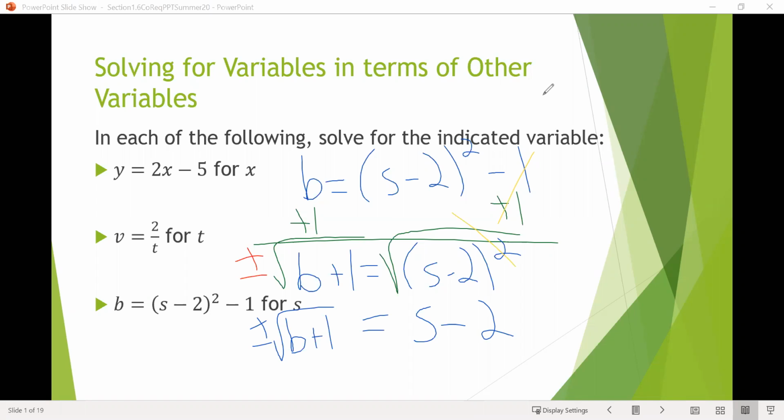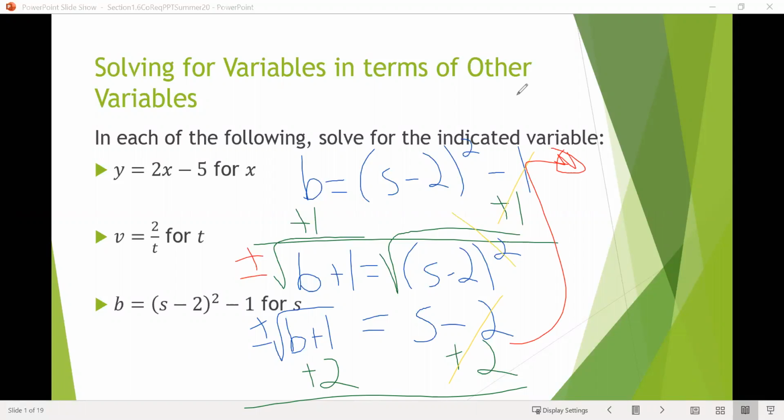And then we were almost done at this point. We just need to finish isolating the s. So we have the minus 2 there, so we need to add 2 now to both sides. And again, the minus 2 and the plus 2 there will cancel, but we need to be very careful about this next step. Okay? So we cannot add the 1 and the 2. Okay, so we can't get like a square root of b plus 3.